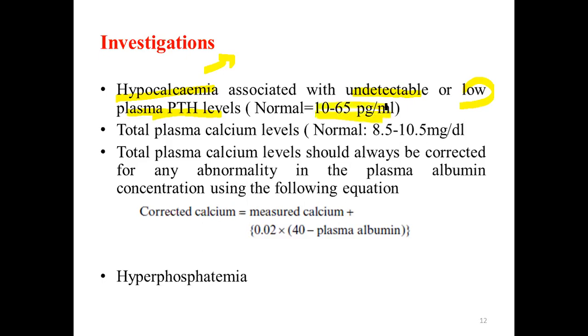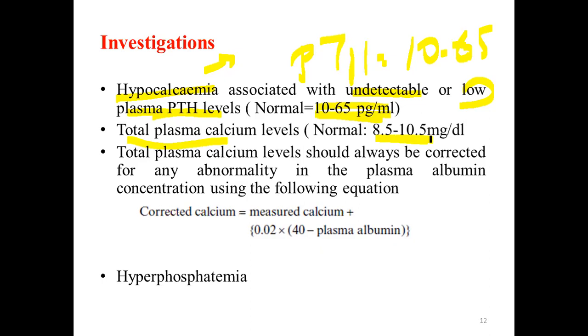The level of PTH in the serum is usually between 10 to 65 picograms per ml. If the level is below this reference range, we can say the patient is having hypoparathyroidism. Then, of course, we can look at the total plasma calcium level. The normal reference range is between 8.5 to 10.5 milligrams per deciliter.